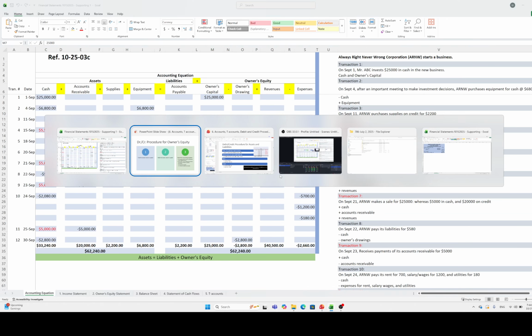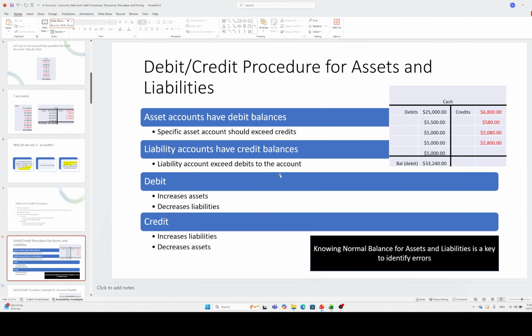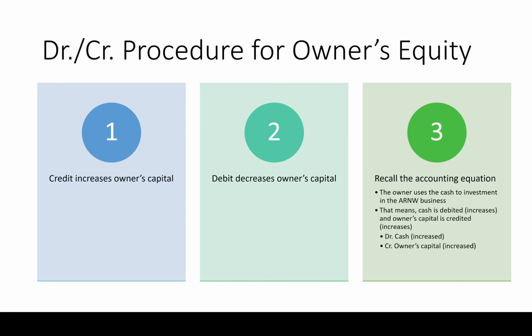Based on this transaction, cash is increased by $25,000 and owner's capital is also increased by $25,000. So cash is debited and owner's capital is credited. That means when we want to increase owner's capital, we credit it. That's how it works.